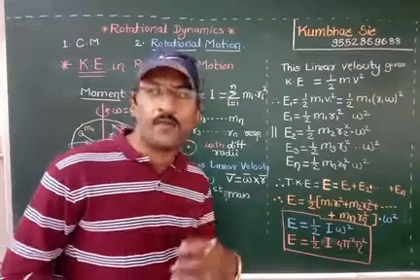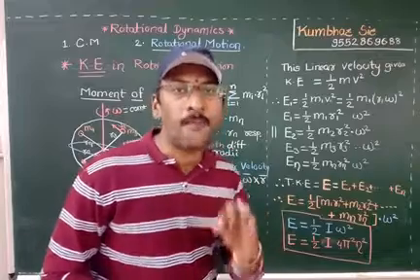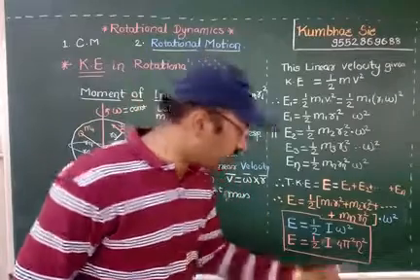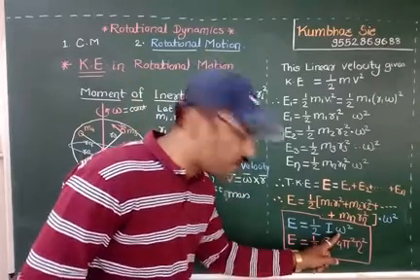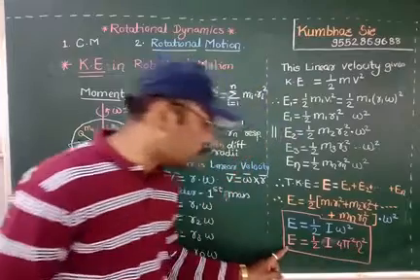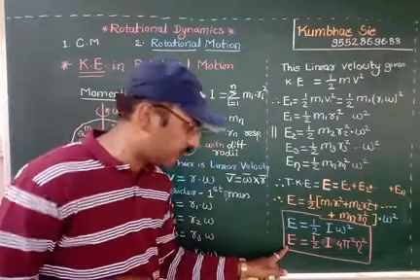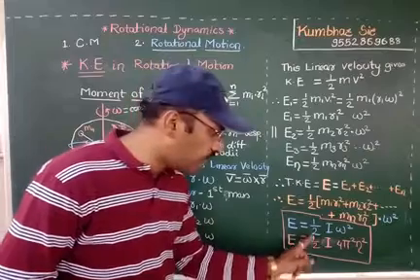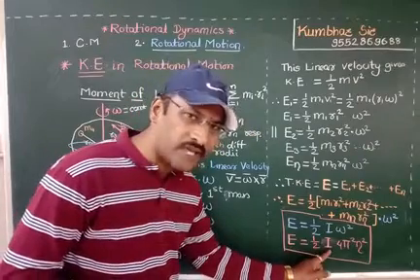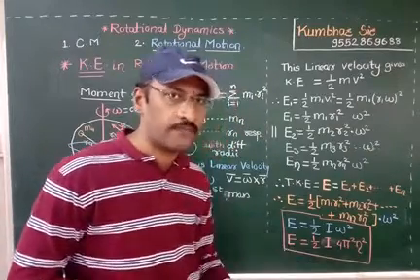Now again we know from the circular motion that omega equals 2 pi n. Hence, omega square equals 4 pi square into n square. Hence, the total kinetic energy in terms of frequency of the rotating body, E, equals 1/2 moment of inertia into 4 pi square into n square.